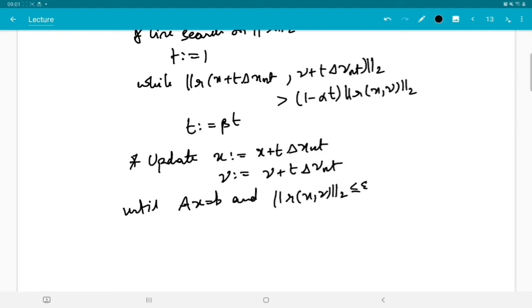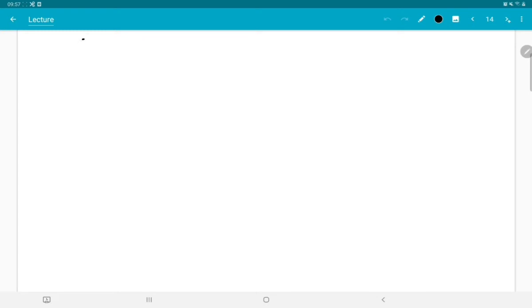It does not capture the intuition of the distance between the point and the optimal. So we use the residue.